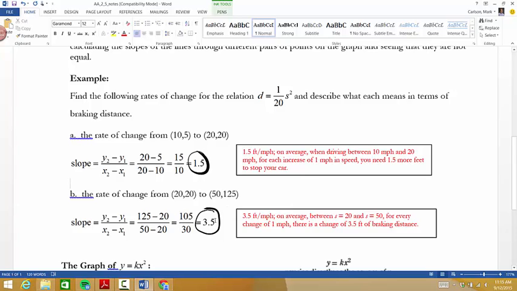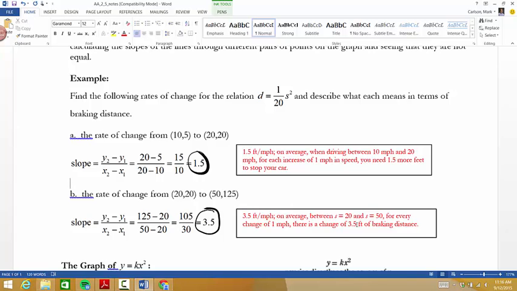Whereas when I have a slope of 3.5, it's the same idea. It's 3.5 feet per mile per hour. So in other words, now for every increase of 1 mile per hour, you have to increase your braking distance by 3.5 feet. Now, since it's constantly changing, we can only take a slope between two points to look at that rate of change.